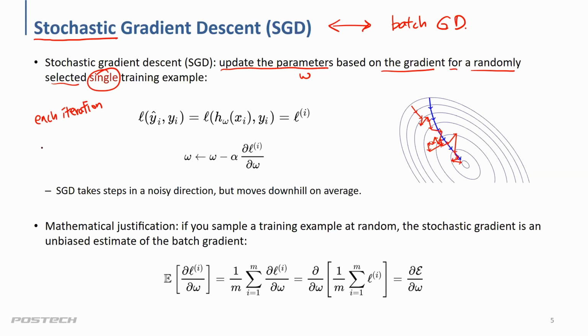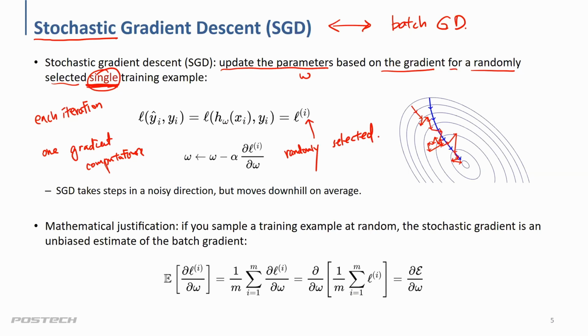I will do one gradient computation. Here, this i-th example is randomly selected. So the key thing is a single training data point.